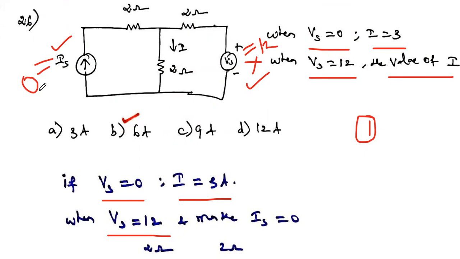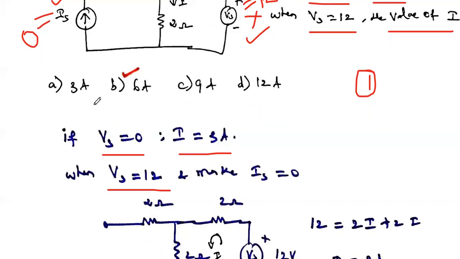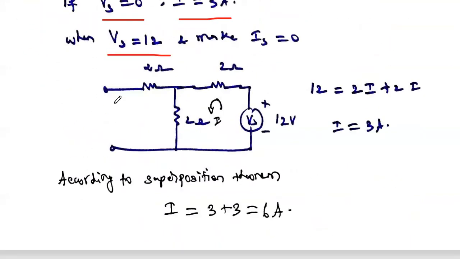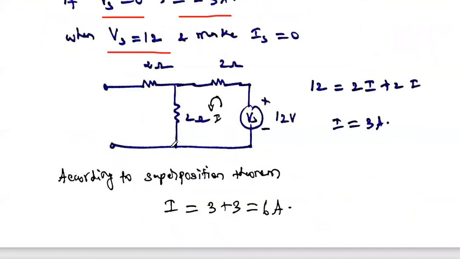If the current Is is 0, this current source is open circuited. That's why, as you see in the diagram, this current source is open circuited, so we get the circuit like this. Now, because of this 12 volt voltage source, we have to find the current flowing through this 2 ohm resistor.